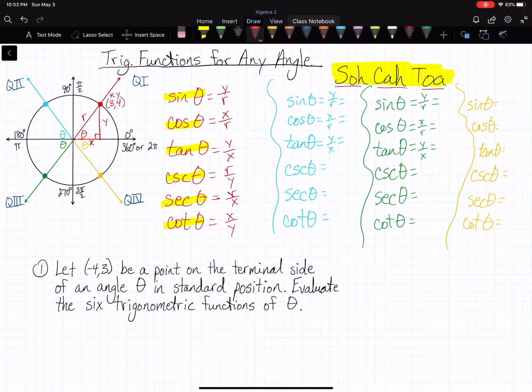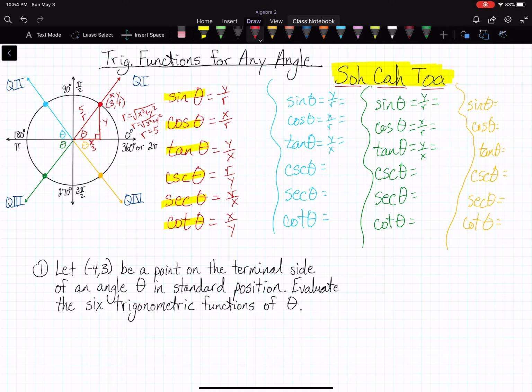For r, you use the Pythagorean theorem because it is a right triangle. So r is the square root of x squared plus y squared. In this case, r is the square root of 3 squared plus 4 squared, which is 5. Hopefully you remember our 3, 4, 5 triangles.